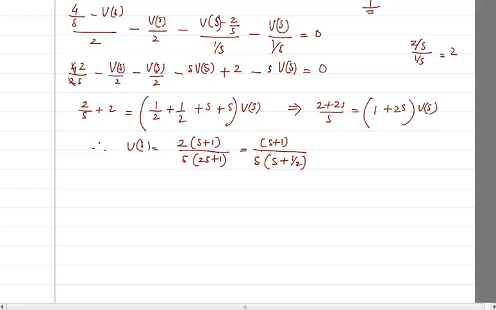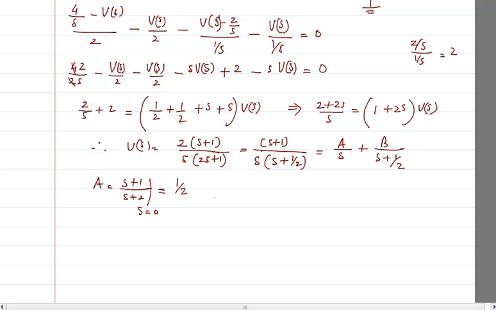So now I have to do the partial fraction. How do I do the partial fraction? This is going to be equal to A divided by S plus B divided by S plus 1 by 2. For finding out A, I know the equation. A is equal to (S plus 1) divided by (S plus 1 by 2) at S is equal to 0.